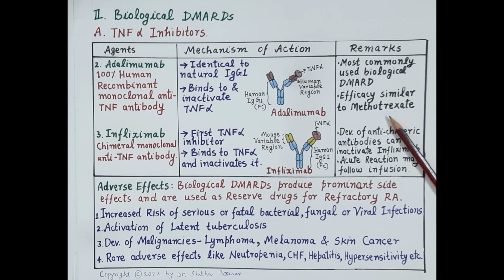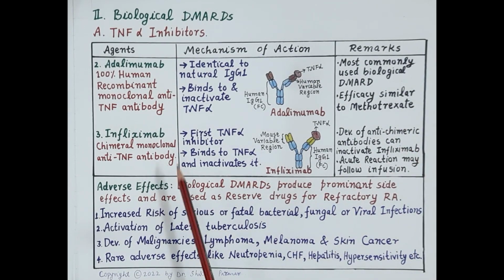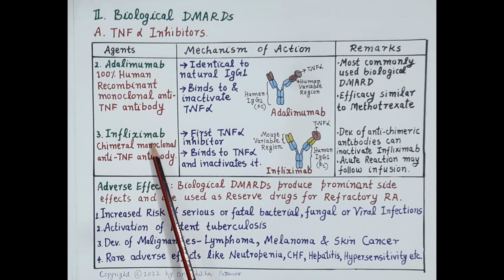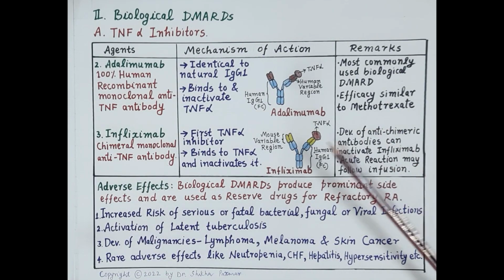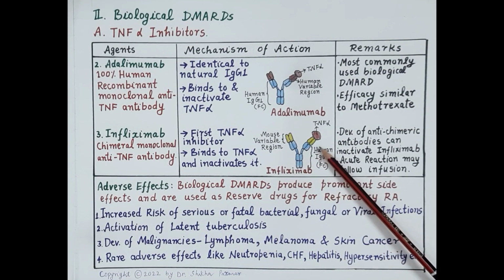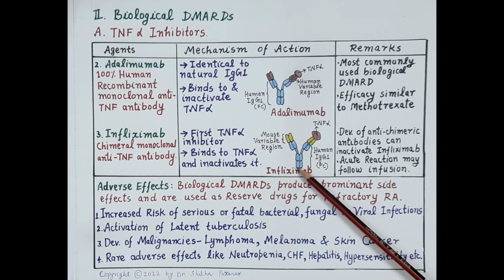Now, another monoclonal anti-tumor necrotic factor antibody is infliximab. It is a chimeric monoclonal antibody, and this is the structure of infliximab. It consists of 25% mouse and 75% human immunoglobulin G1.